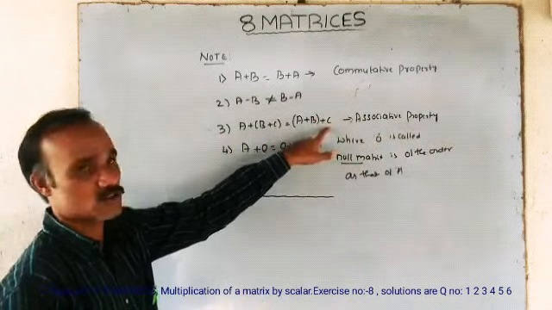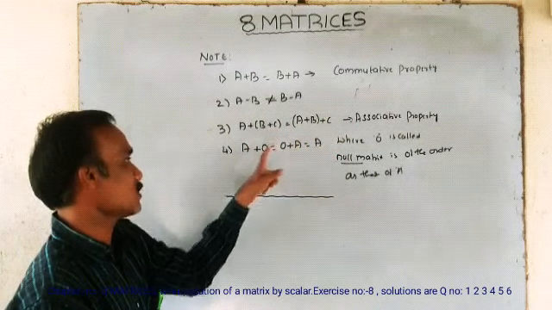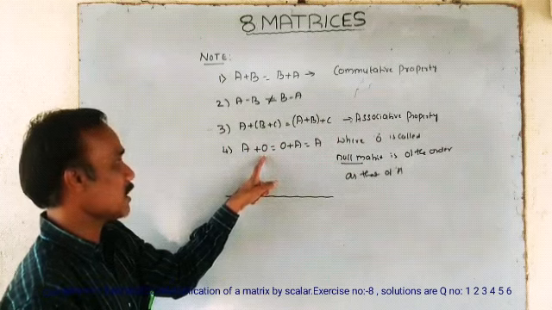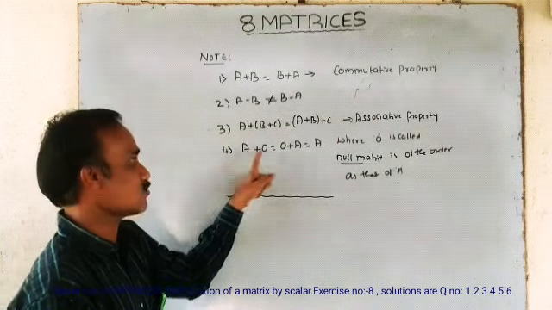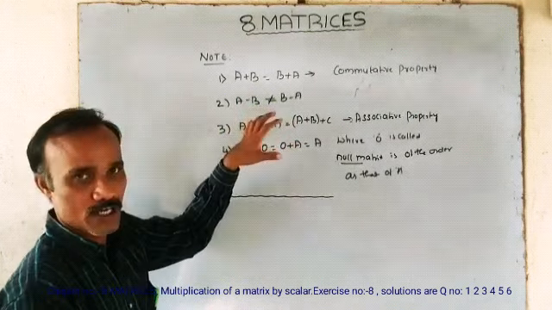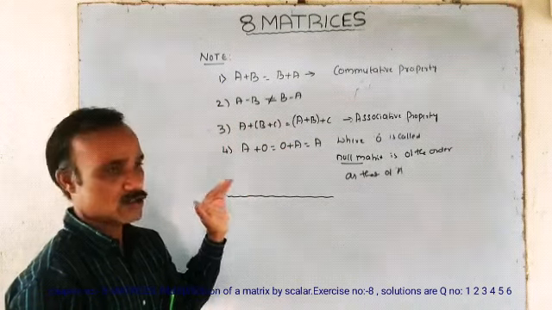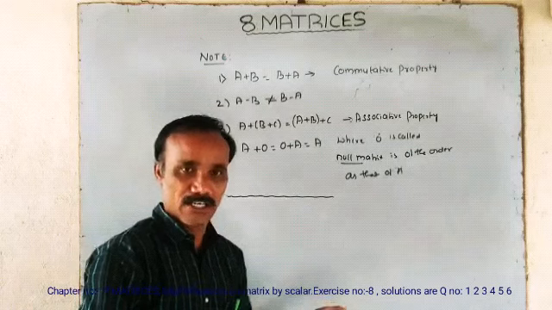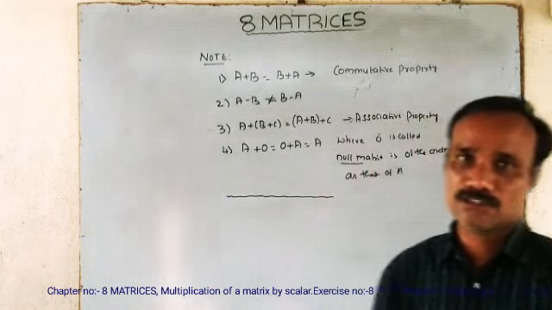A plus 0 is equal to 0 plus A is equal to A, where 0 is the null matrix, of the same order as A. If A is 2 cross 2, this is also 2 cross 2. These are very important points to remember while solving questions. Next we shall move to the next exercise.